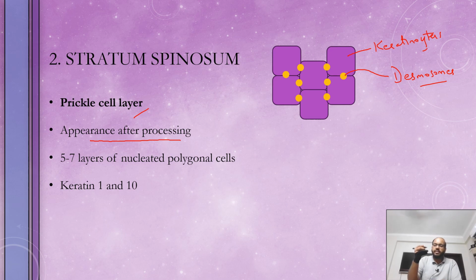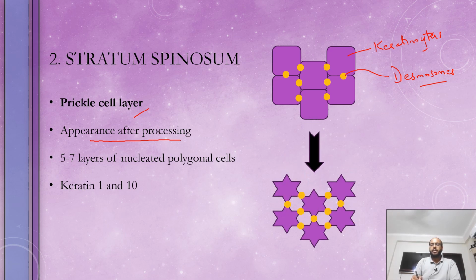When you are processing the tissue sample, the slice from the tissue sample in the lab, the cells shrink. When they shrink, they are only attached to their neighbors via desmosomes. So the part which is attached by desmosomes does not shrink, and that non-shrinking part looks a bit spinous, like the cells have spines.